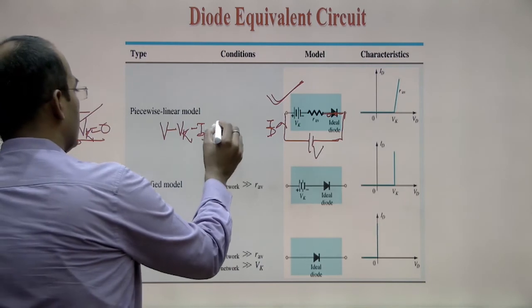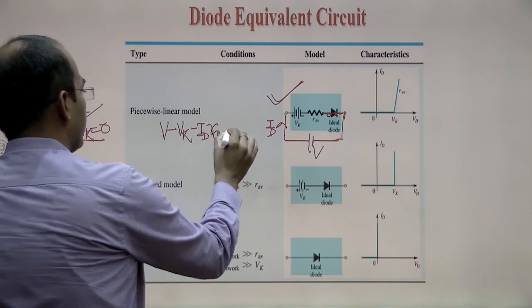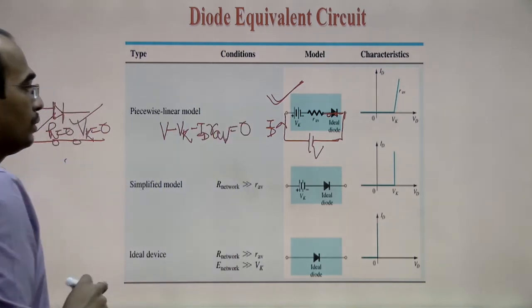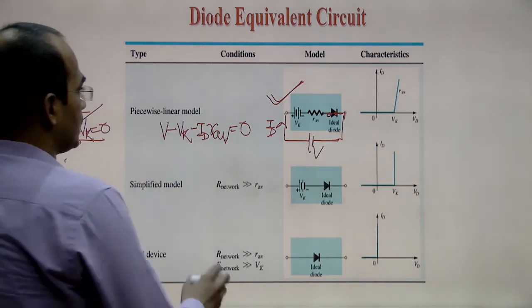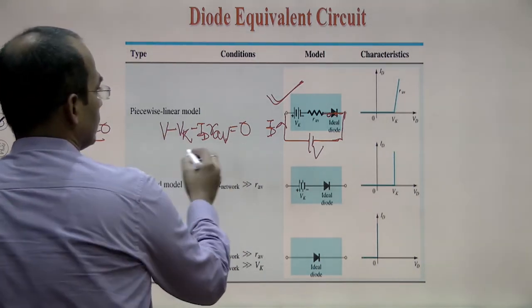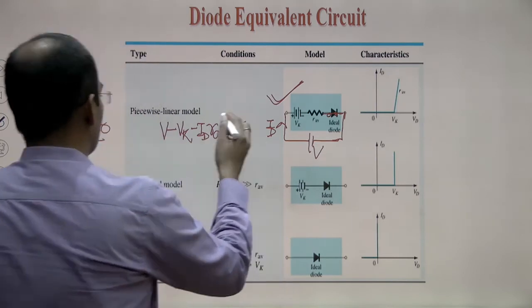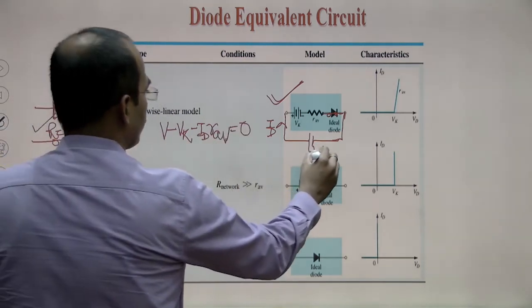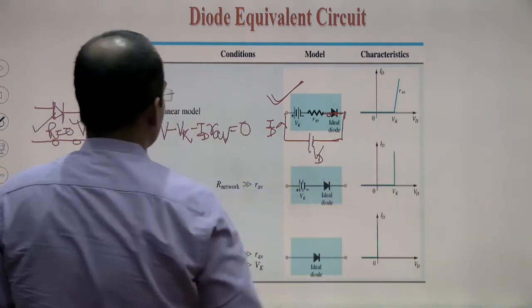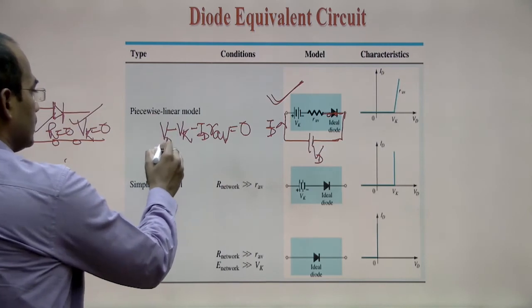It is clear from this equation that this is Vd, the forward voltage shown in this graph.